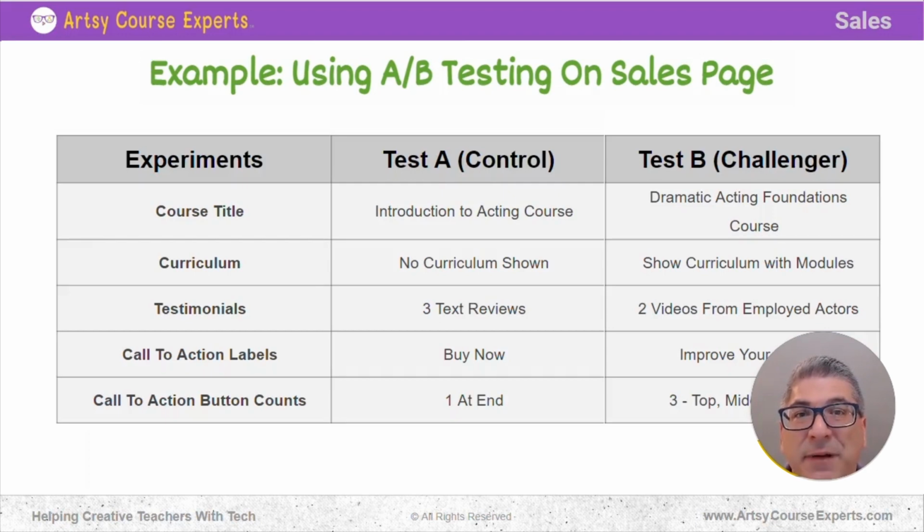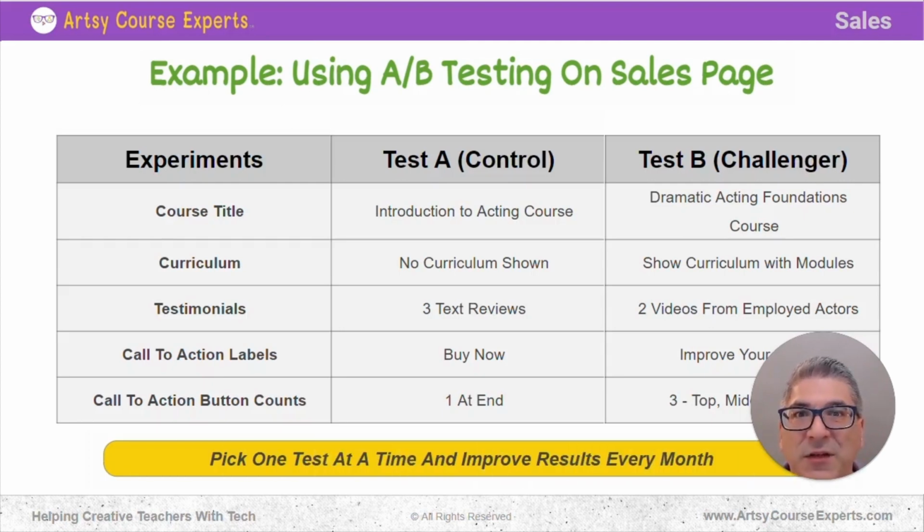So you can have a second button there. Or maybe you decided to add a button on the bottom, because some people scroll to the bottom and there's no buy button, and maybe they scroll up or maybe they hit the back button. So you decide with this experiment to add 3 buttons at the top, the middle, and the bottom of your sales page. This is a really interesting experiment. This could potentially increase your sales from 2% conversion up to 10% or something like that. So this is a very worthwhile and pretty easy experiment to do.